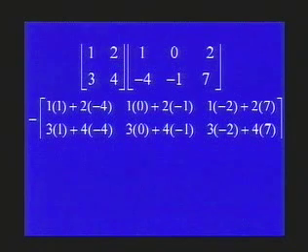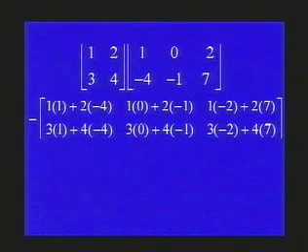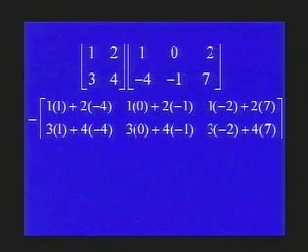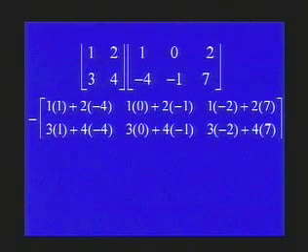Here's how it works. The entry in the 1, 1 position, I use row 1 and column 1. Row 1 in the first matrix is 1, 2. Column 1 in the second matrix is 1, negative 4. So as you see, I have in the 1, 1 position 1 times 1 plus 2 times negative 4.